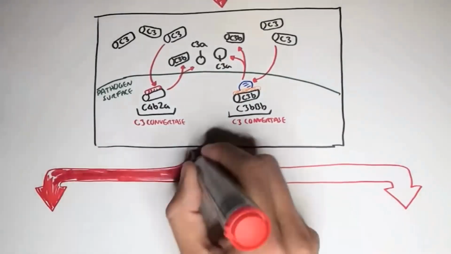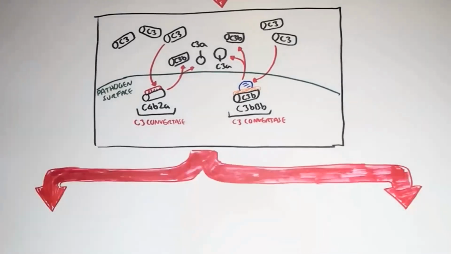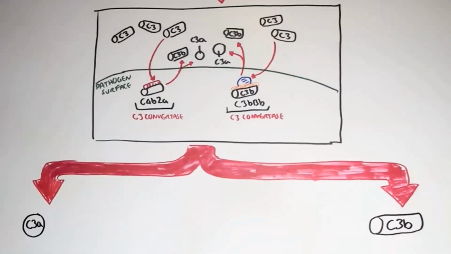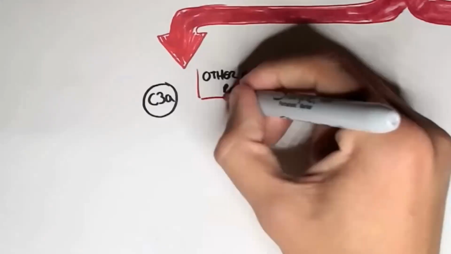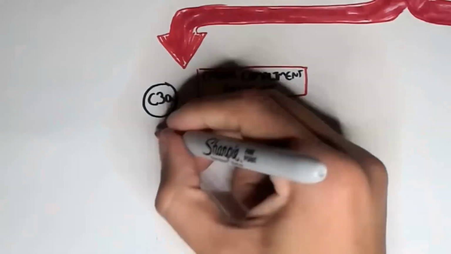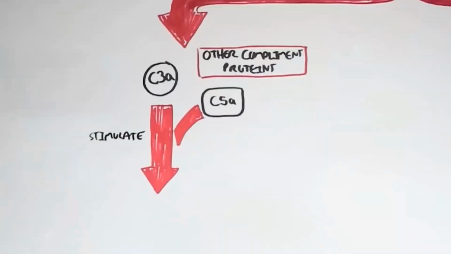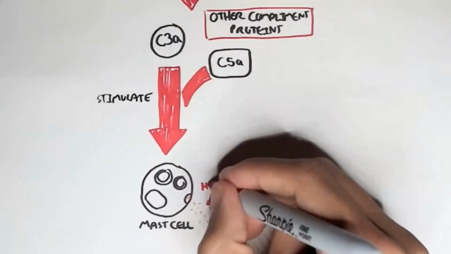Okay, so now we have the activated form of C3, C3a and C3b. Now, what do they do? C3a, with other complement proteins such as C5a, which is actually one of the most important complement proteins, will enhance inflammation. Actually, all the complement proteins with a will do some form of inflammatory process. So in this case, C3a and C5a will stimulate mast cells to secrete histamine.